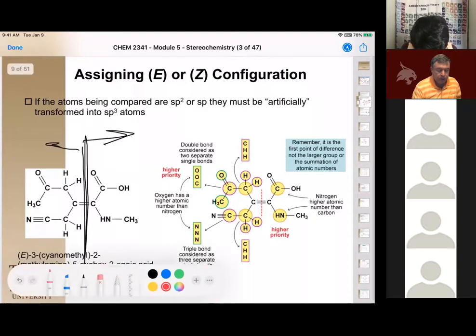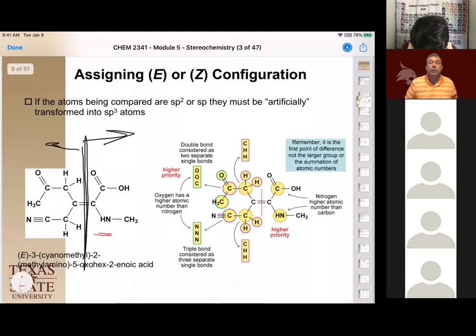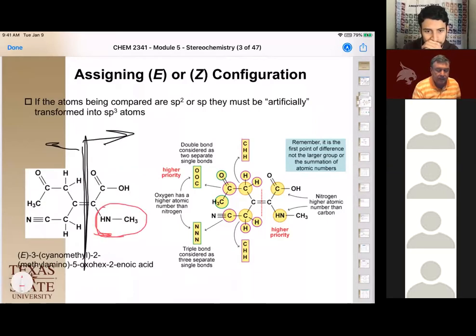Just looking at this side of the molecule, let's apply rule 1. Carbon, atomic number 6. Nitrogen, atomic number 7. Just in that first connection, using rule number 1, we've assigned priority to this side of the double bond.